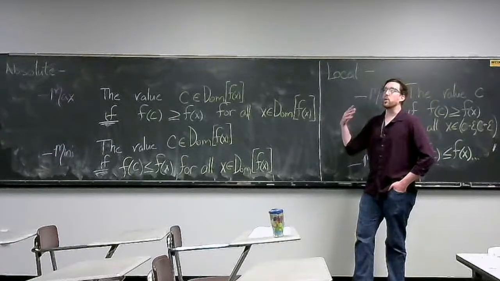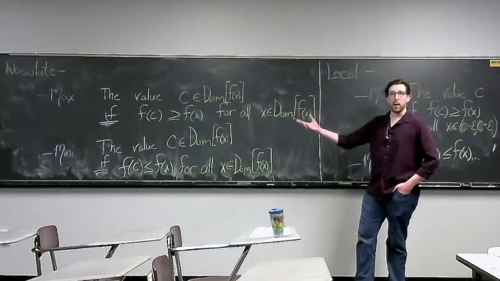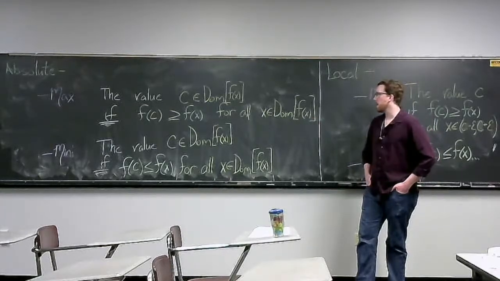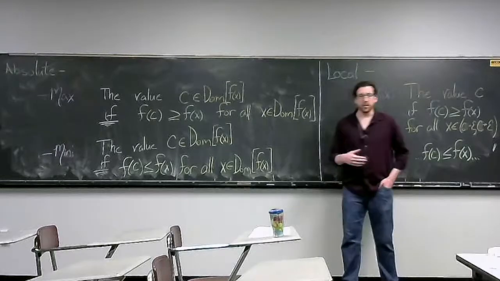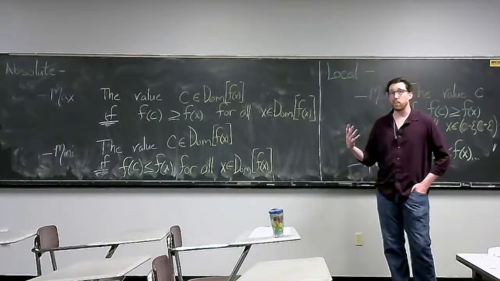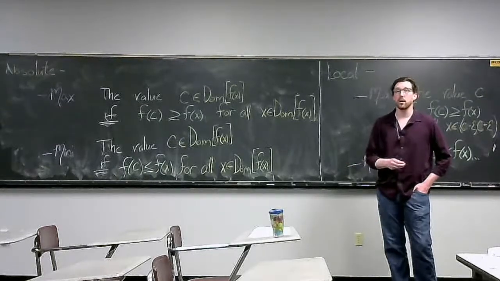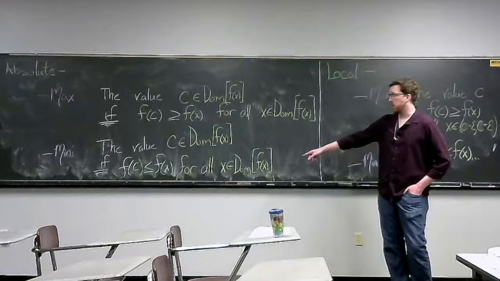Rather, there is no other x value that gives you a larger y. Similarly, absolute min is the idea that there is no other value of x such that your function evaluated at that will be less than what you're getting.